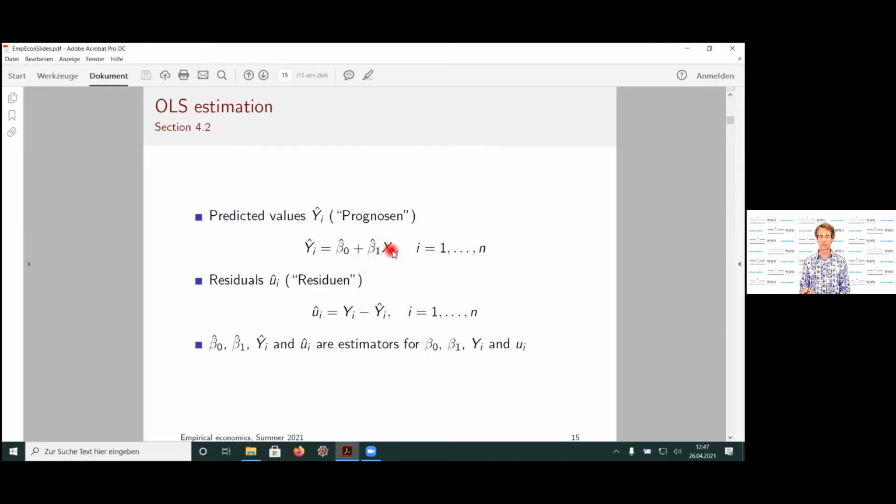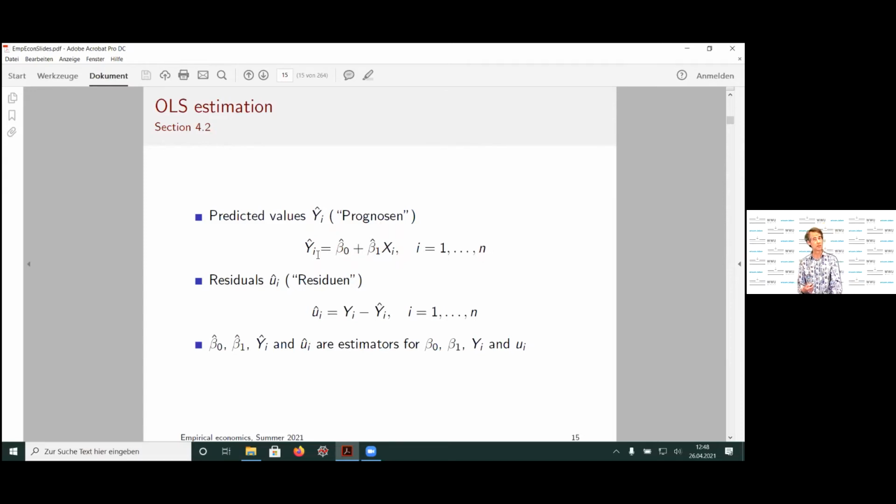And if we insert xi at this point, we get the value of the endogenous variable that we would expect at xi. So this is the value that we would expect given our estimation results, and we call this value yi hat.